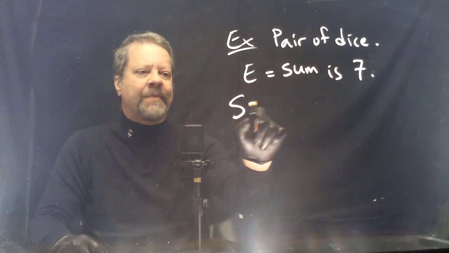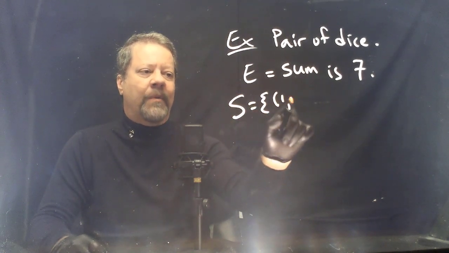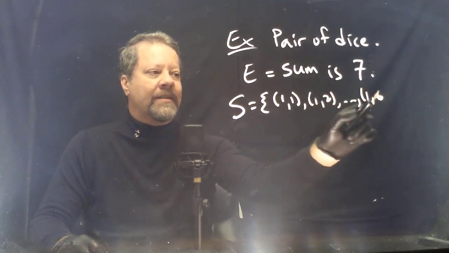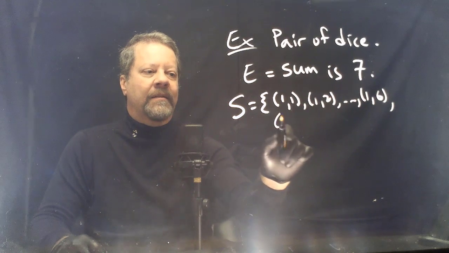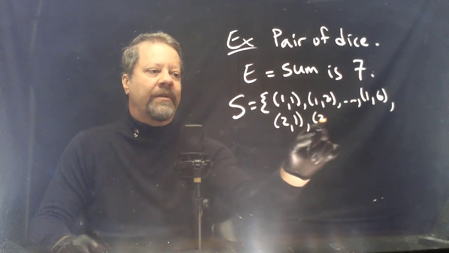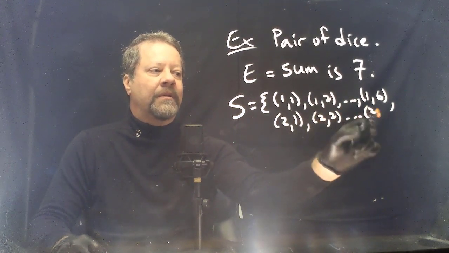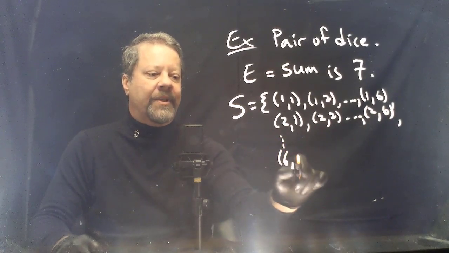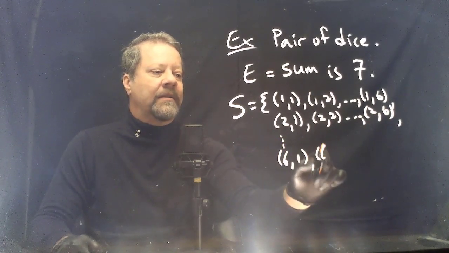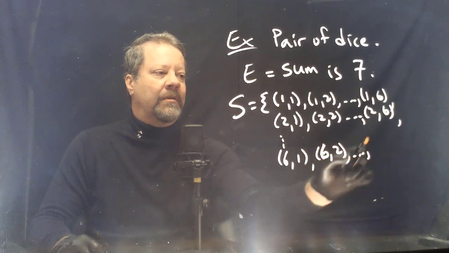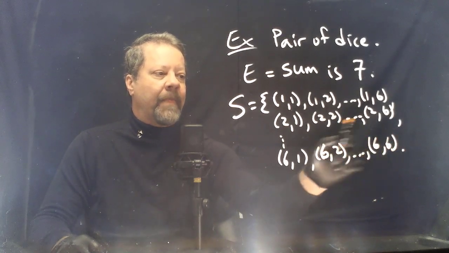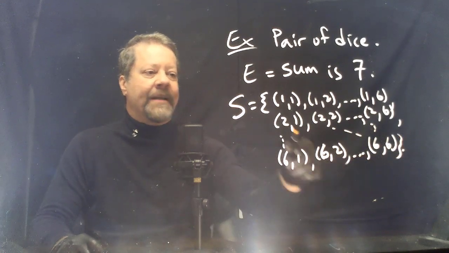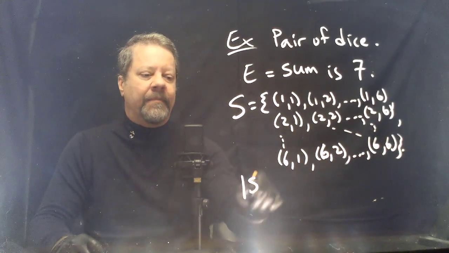Remember that the sample space might be thought of as rolling a 1 and a 1, a 1 and a 2, a 1 and a 6, a 2 and a 1, 2 and a 2, 2 and a 6, and so on down to 6 and 1, 6 and 2, 6 and 6. So these are all possible elements of the sample space. There are 36 of them.